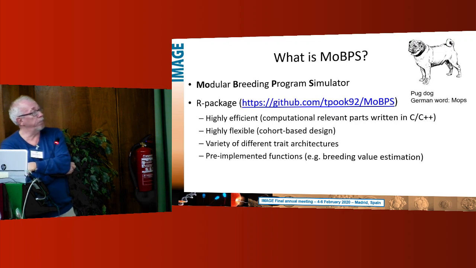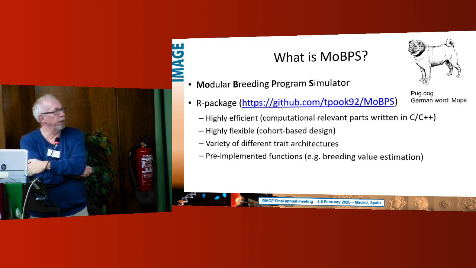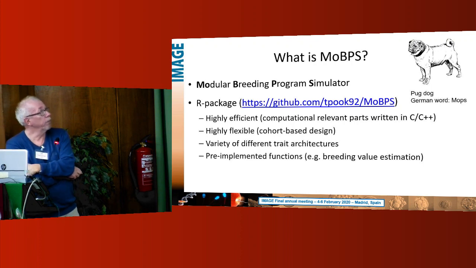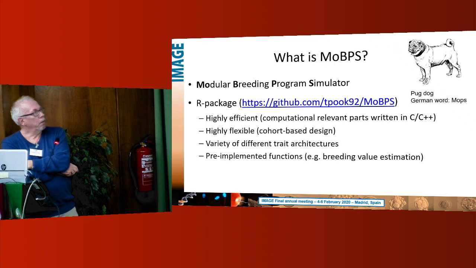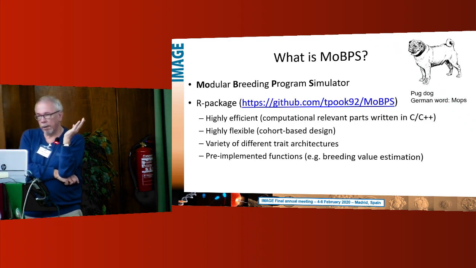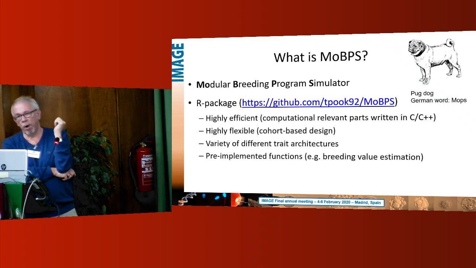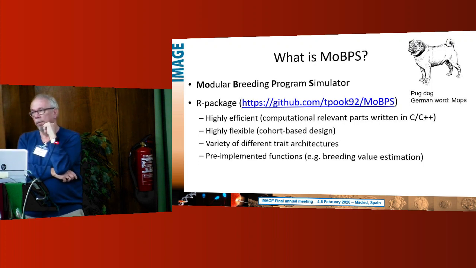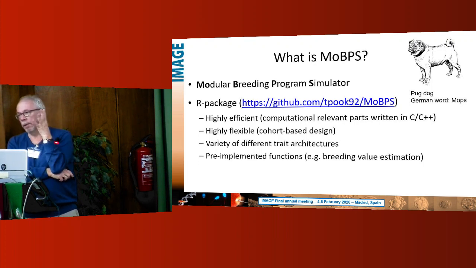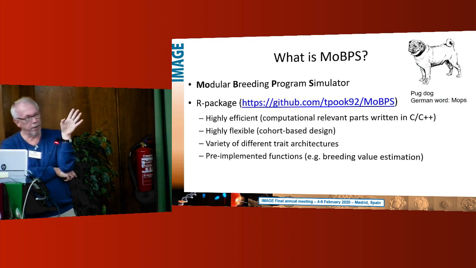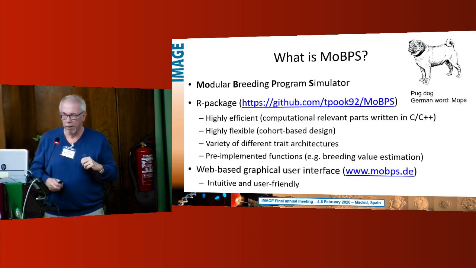And it has a lot of pre-implemented functions, so you probably can use every type of breeding value estimation that is on the market. Of course, you can download it and you can use it. The only problem is it's like two R functions, and each one has like 200 different parameters. You just have to specify these 200 parameters, and then you're in business.